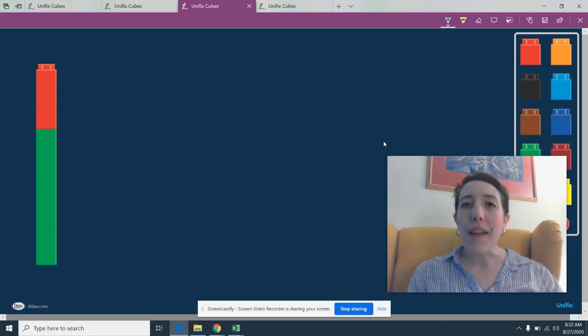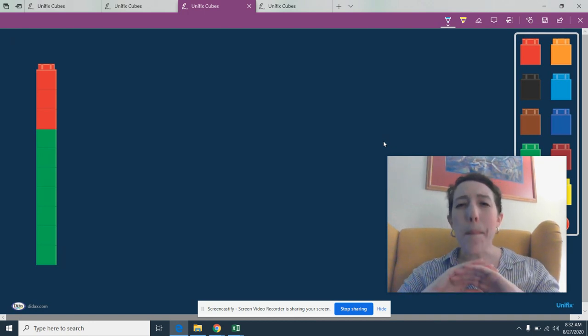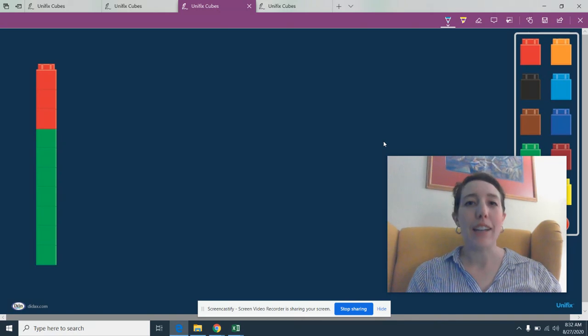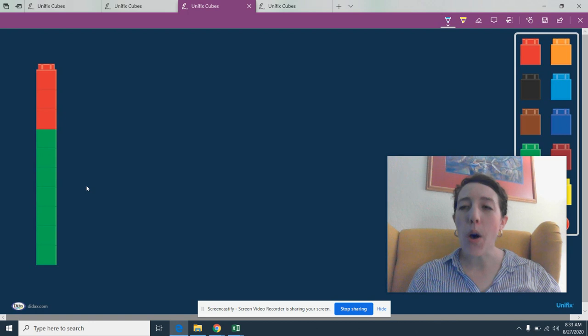So in a moment, I'm going to ask you to pause this video, and I want you to write down as many math equations as you can that match this Unifix cube. And then I'm going to try and guess what's on your paper. So go ahead and hit pause and write down as many math equations as you can that match this Unifix cube.